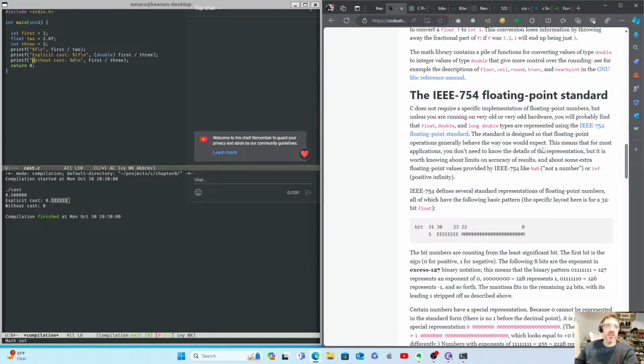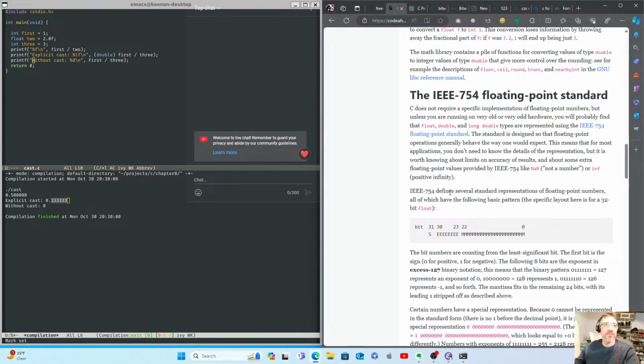The standard is designed so that floating point operations generally behave the way one would expect. This means that for most applications, you don't need to know the details of the representation, but it is worth knowing about limits on accuracy of results and about some extra floating point values provided by IEEE 754, like NaN, not a number, or INF, positive infinity.